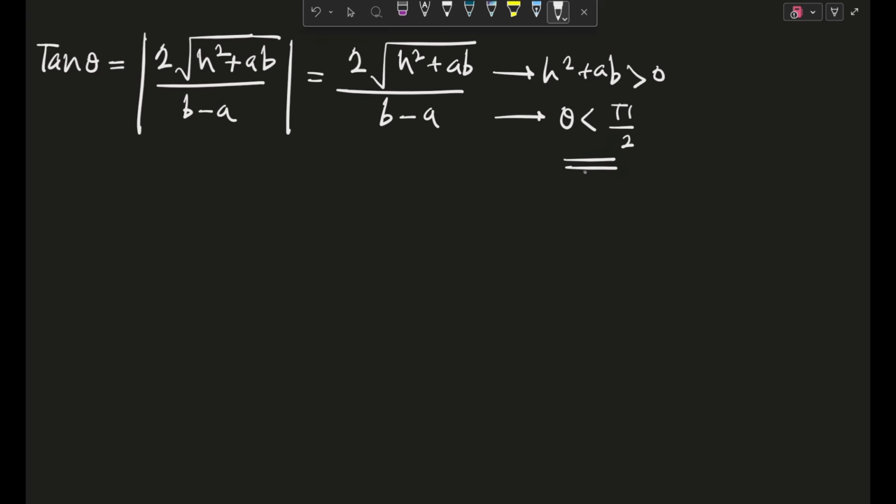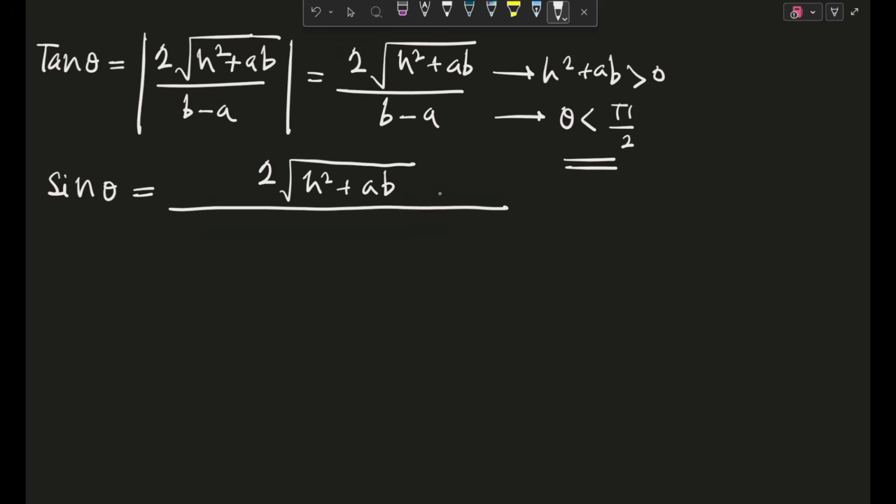So guys, if we try to find sine theta and cosine theta from here, then sine theta will become 2 root under h square plus ab, since this is perpendicular by hypotenuse, right? And if you calculate the hypotenuse by adding these two, this will directly come out to be root under of a minus b whole square plus 4 times h square plus ab.